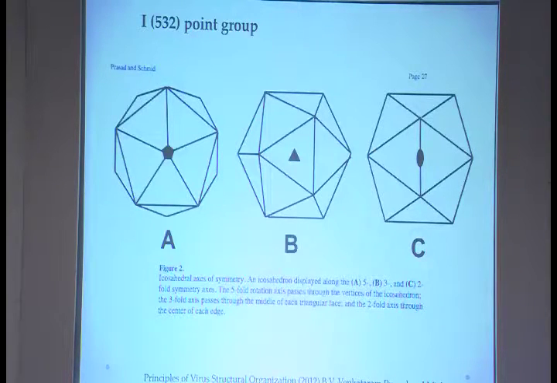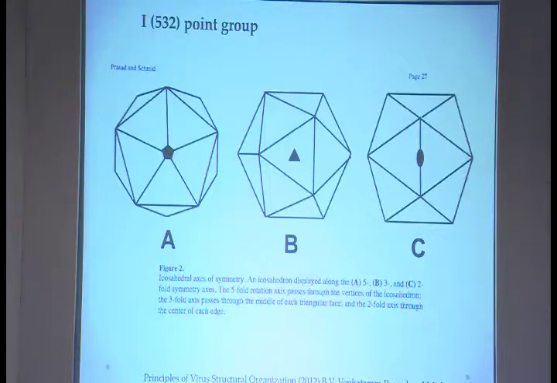So the notation of the point group is I, and this is a 5-3-2 point group, meaning that there would be 12 5-fold symmetry axes, and there will be 20 3-fold symmetry axes, and then there will be 30 2-fold symmetry axes.